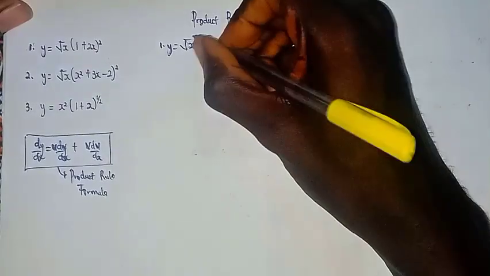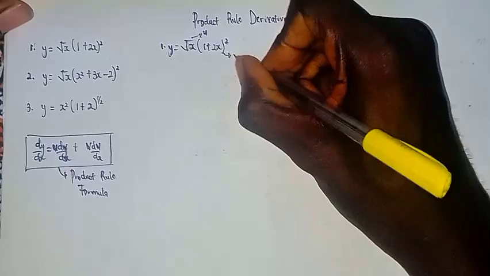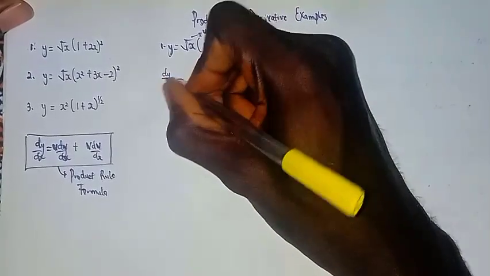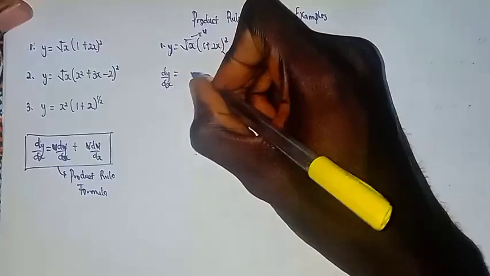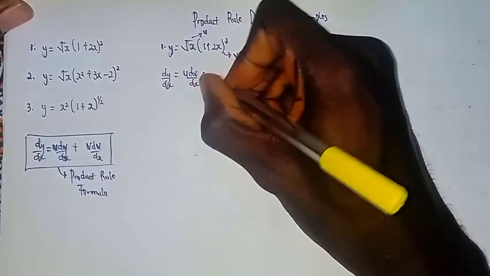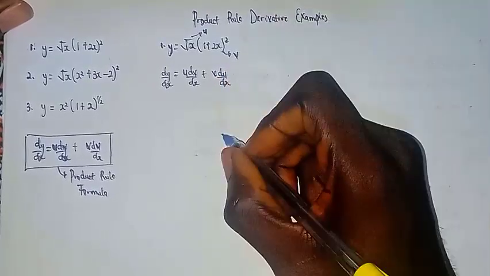So we can see that this is our u and then this is our v, right? So our dy over dx becomes u dv over dx plus v du over dx.